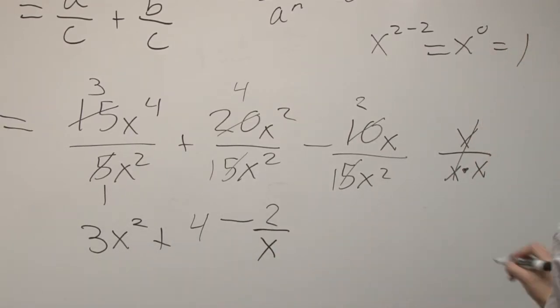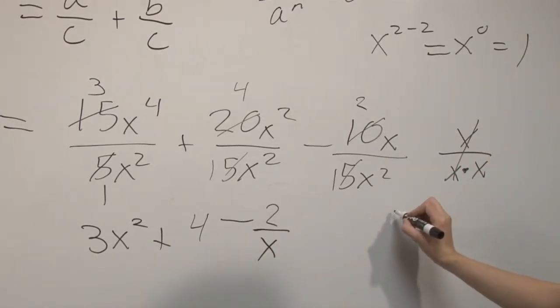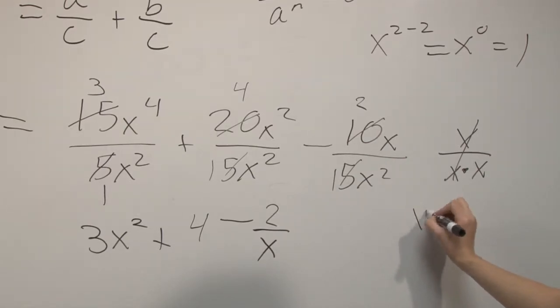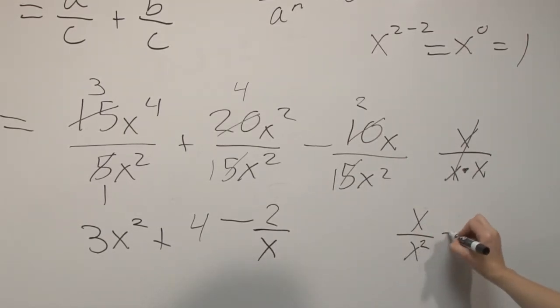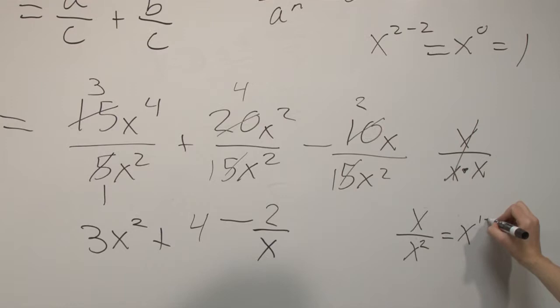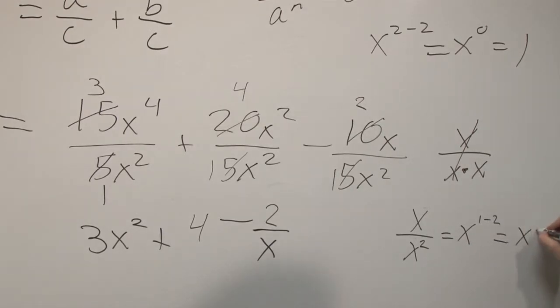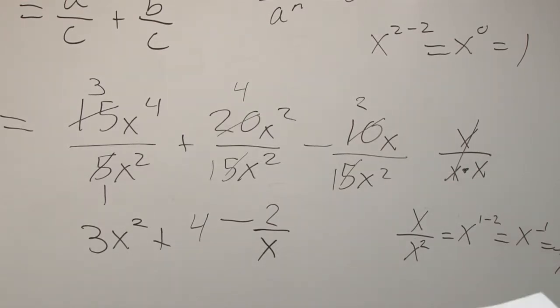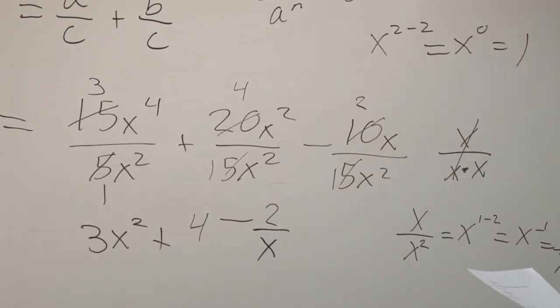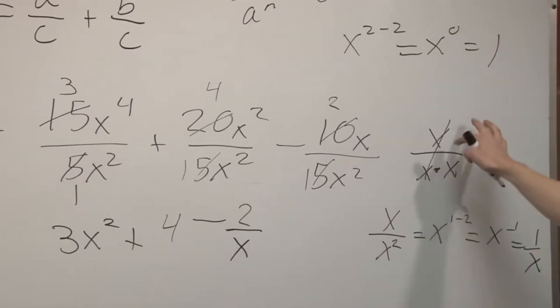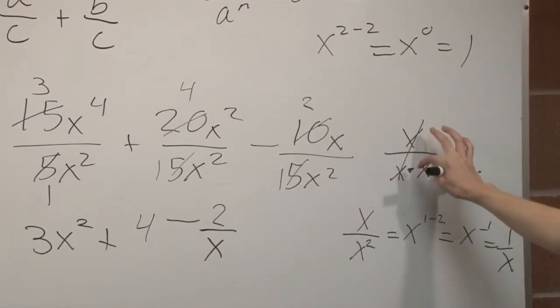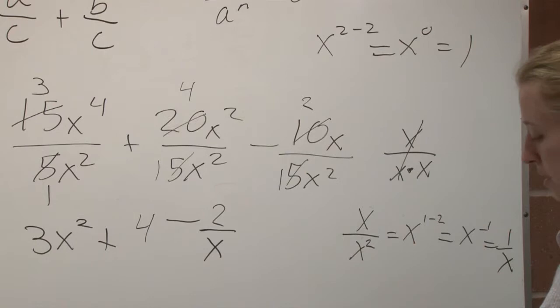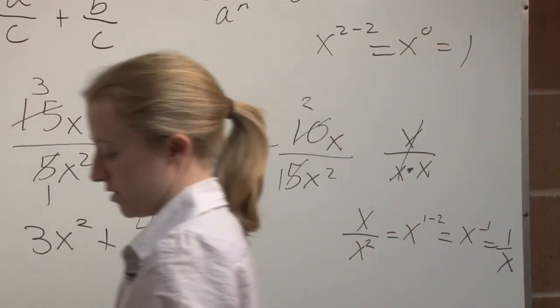The other way you could think about that is using the quotient rule, because I have x over x squared, which is x to the 1 minus 2, which is x to the negative 1, and that equals 1 over x. I think it's easier to think about it this way, just thinking about how many x's you have on the bottom and top, because then you can just cancel.